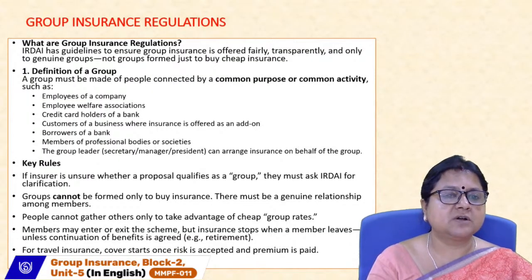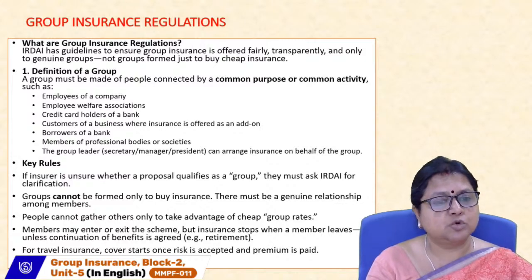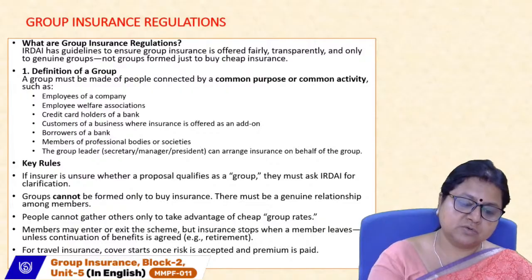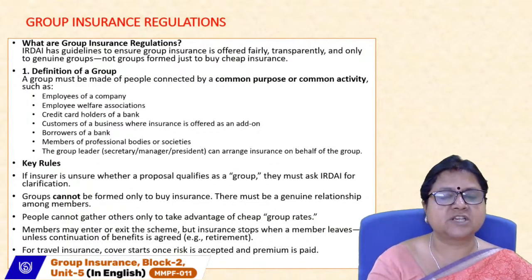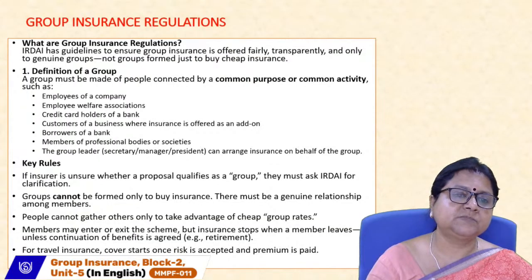The customers of a business where insurance is offered as an add-on, and borrowers of a bank can be the group. It depends on the bank. It can categorize the different types of borrowers and again have a group insurance policy.